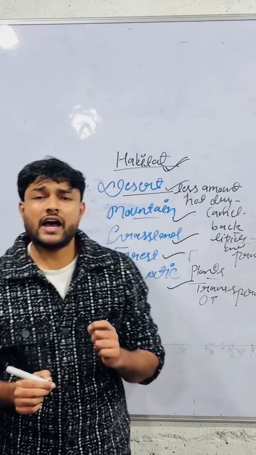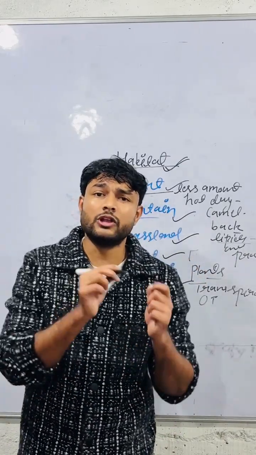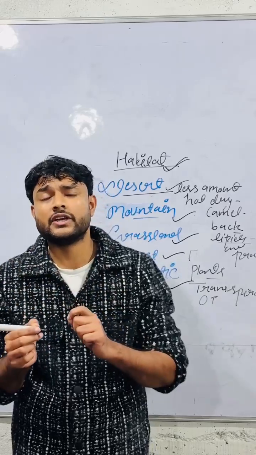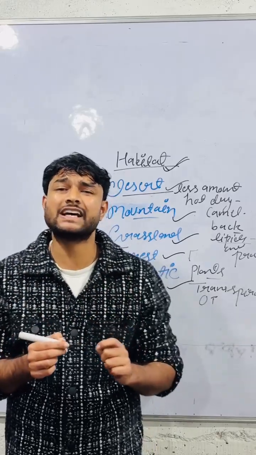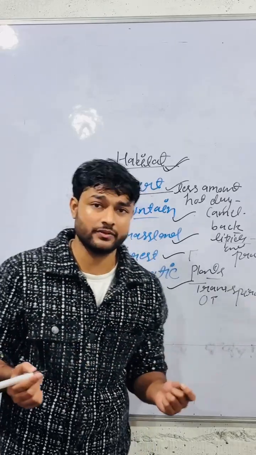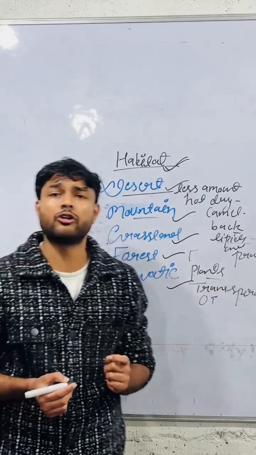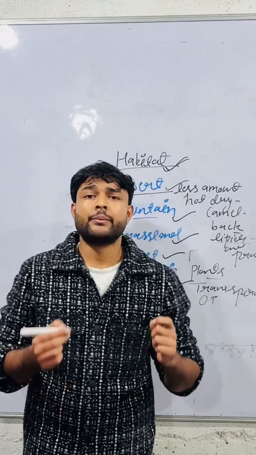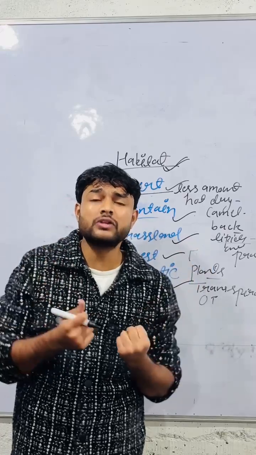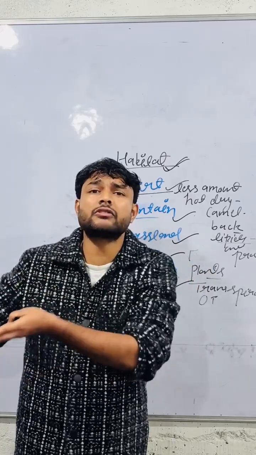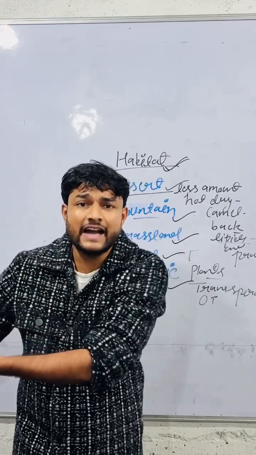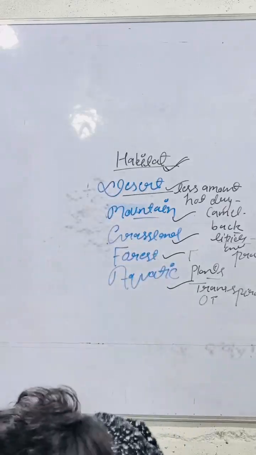Transpiration means the process in which water is lost from the leaf in the form of water vapor through the stomata. Xerophytic plants have less transpiration because they store water, as there is little water inside the sandy soil of the desert area.